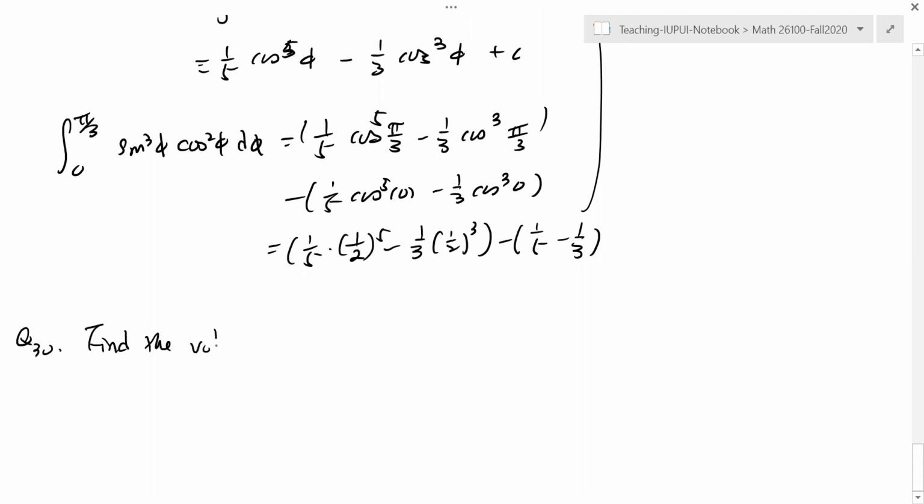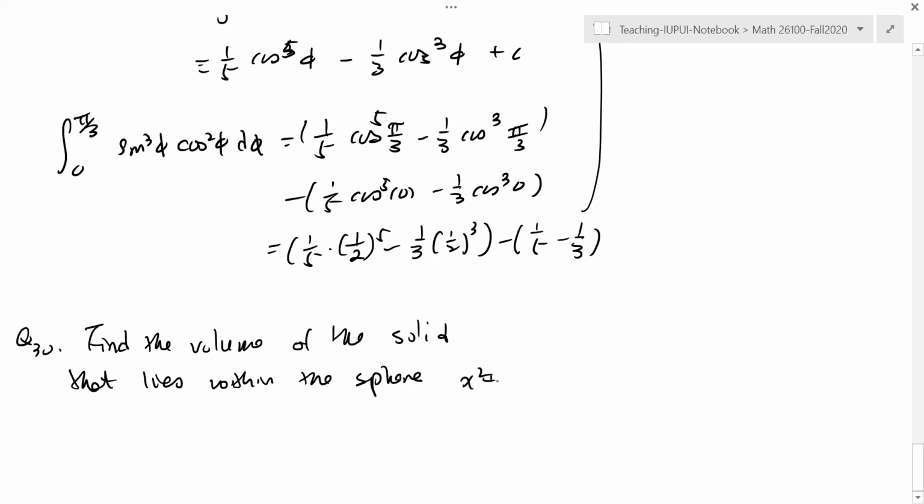Find the volume of the solid that lies within the sphere x squared plus y squared plus z squared equals 4, above the xy plane, and below the cone.